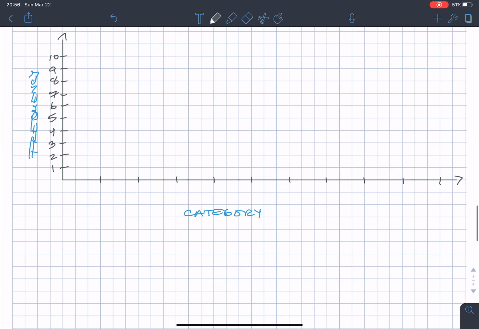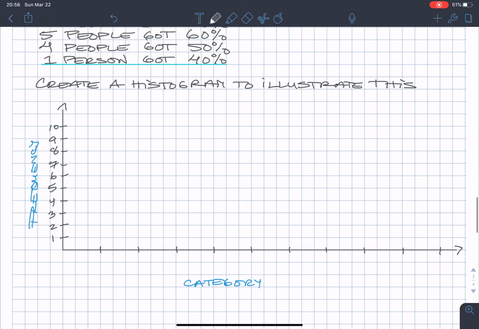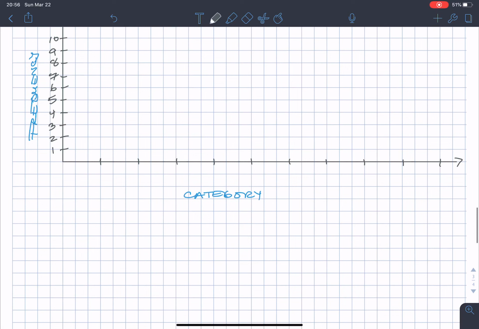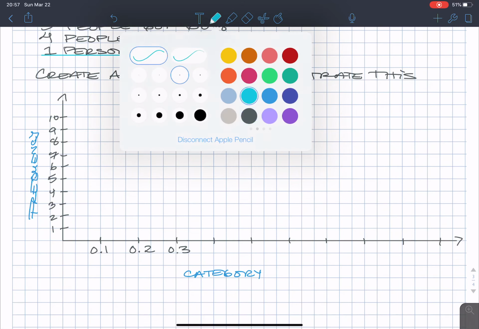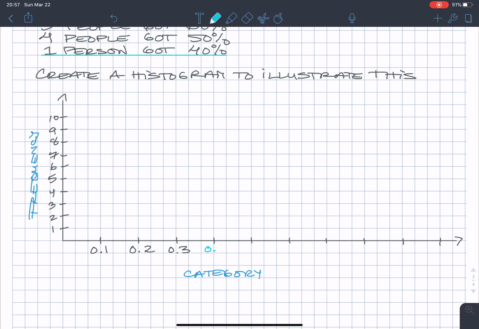Okay, so remember this is a number line. So percentages are over 100. So let's call this 10% or 0.1, 20%, 0.2, 30%, 0.3. And then I have 40%, 0.4.